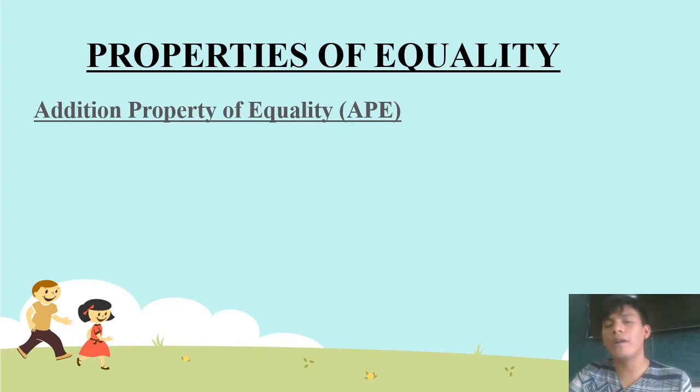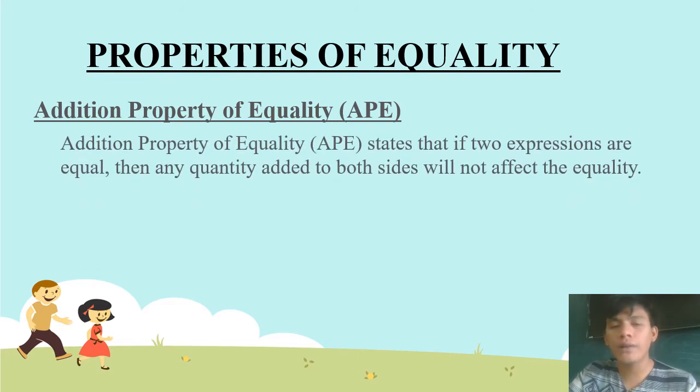Another type of property of equality, the addition property of equality, also known as APE. Addition property of equality states that if two expressions are equal, then any quantity added to both sides will not affect the equality. So if you add a number to the left side, you also add the number to the right side.